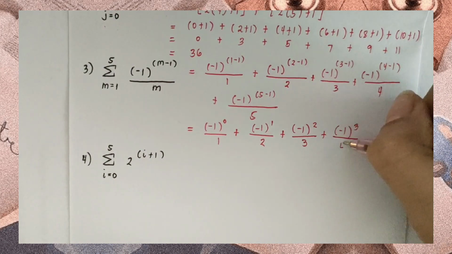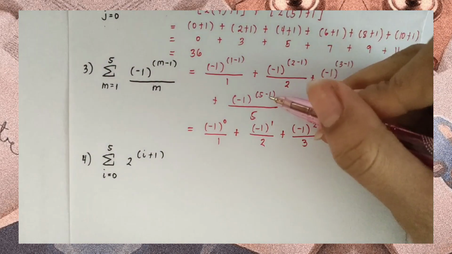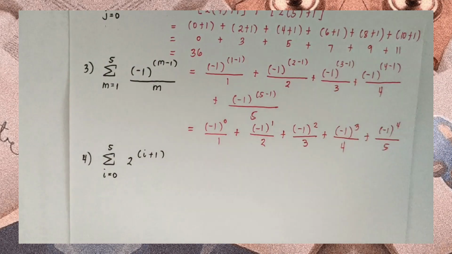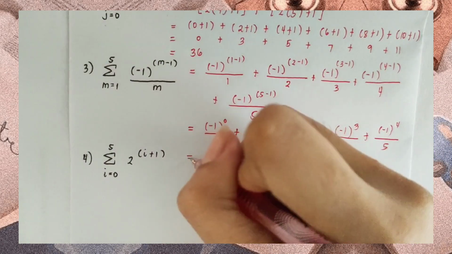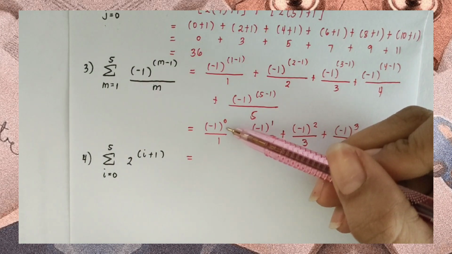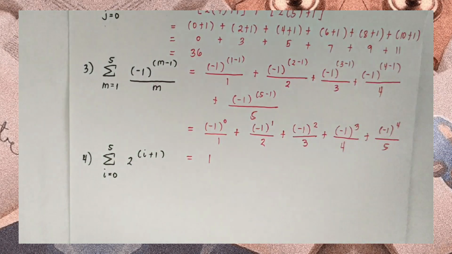Copy the denominator 4 and then negative 1, 5 minus 1 is 4. So raised to 4 over 5. Simplify. Negative 1 raised to 0, that is 1. And then divided by 1 is 1.